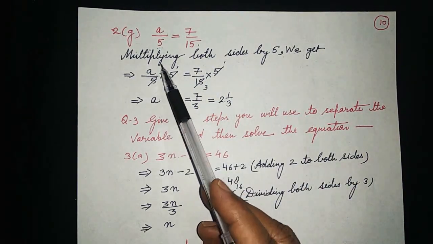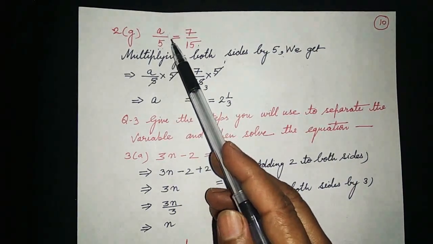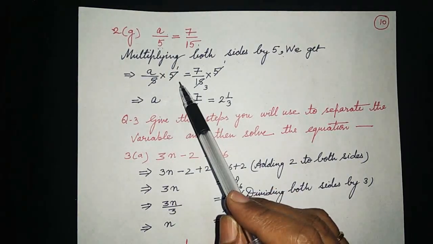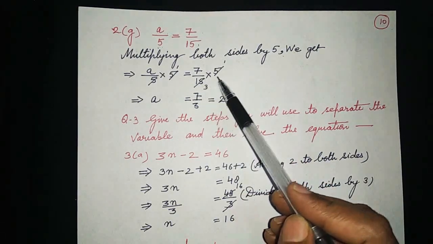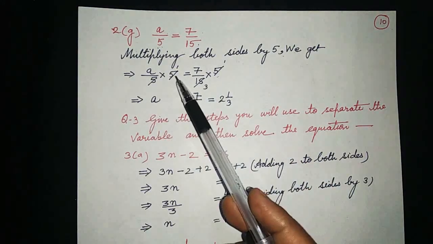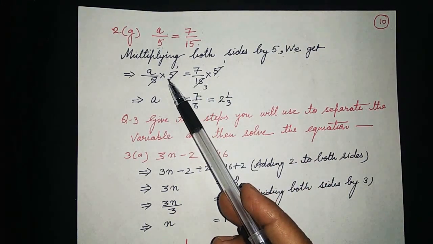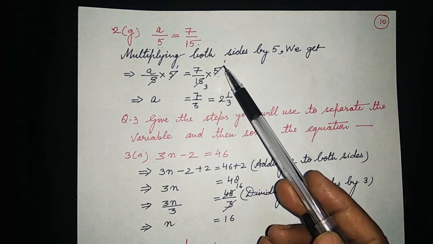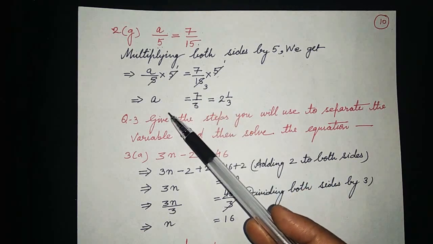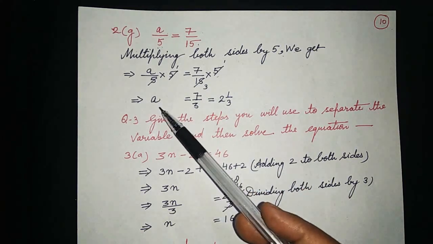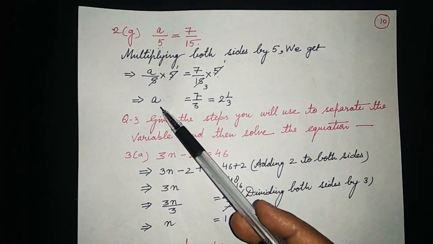So what we get? We get A upon 5 into 5 and 7 upon 15 into 5. Now we will simplify: 5 cancels with 5, and this 5 cancels with 5, and on the right hand side 5 cancels with 5 and 5 3s are 15. Now you have separated the variable.